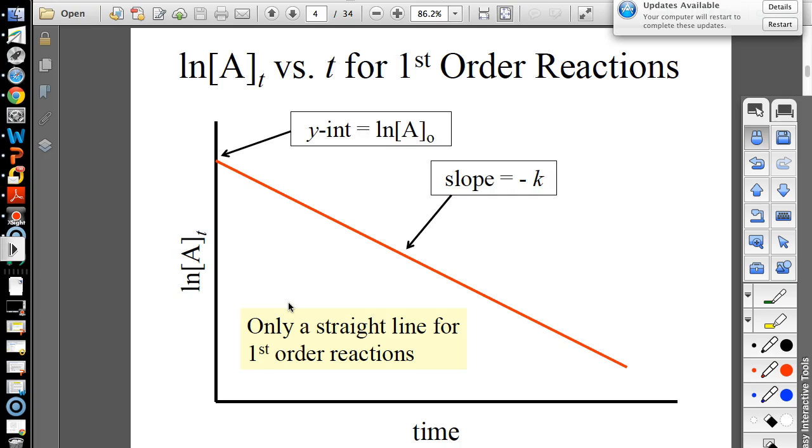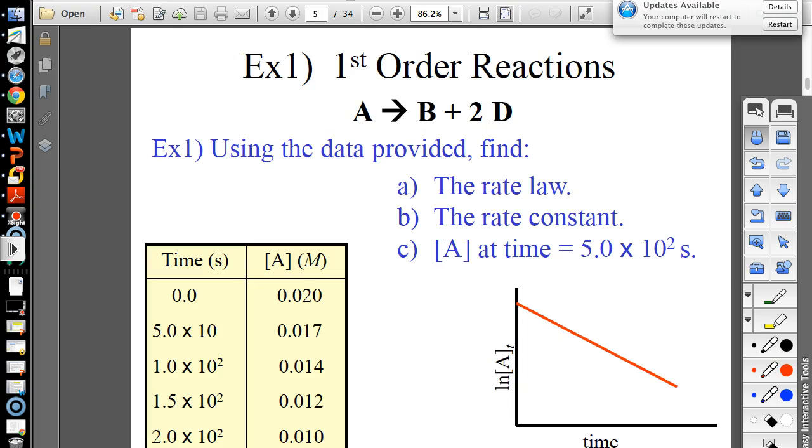And notice right here that the slope of this line is negative, and that K, that rate constant, has to be positive, and we want the rate to be positive as well. So just have a negative here so it'll be positive. But we can all look at that and see that it's really a negative slope, right? It just has a negative sign in front of it to make it positive.